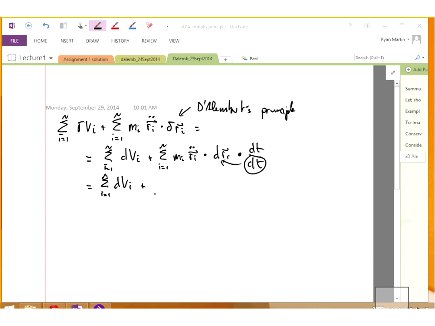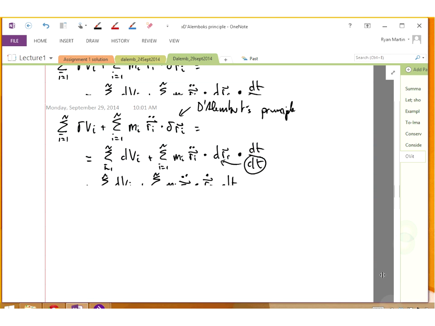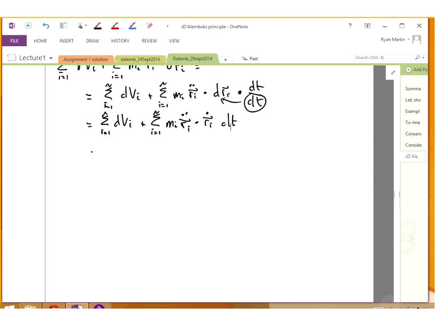So that's the sum i equals 1 to n m_i r_i vector double dot dotted with r_i dot vector dt. A little bit of mathematical trickery there.